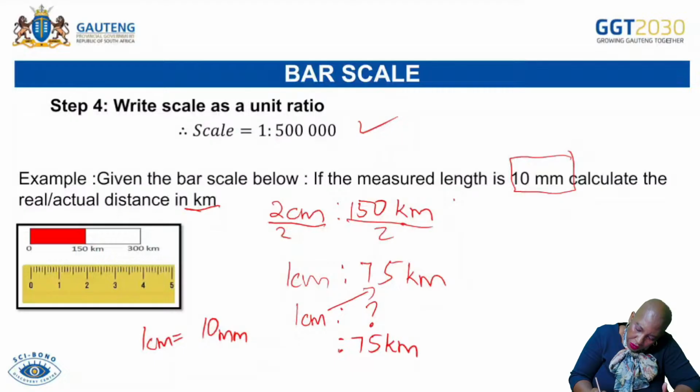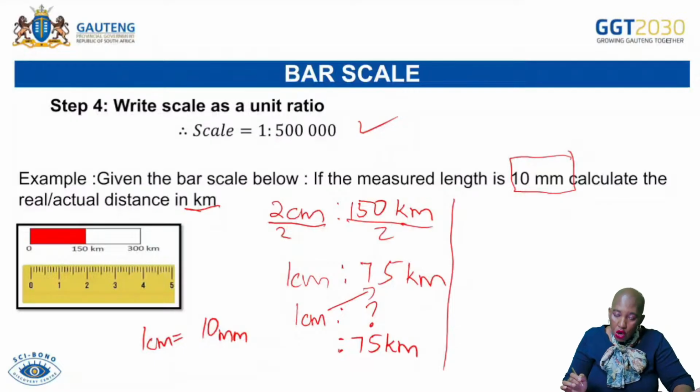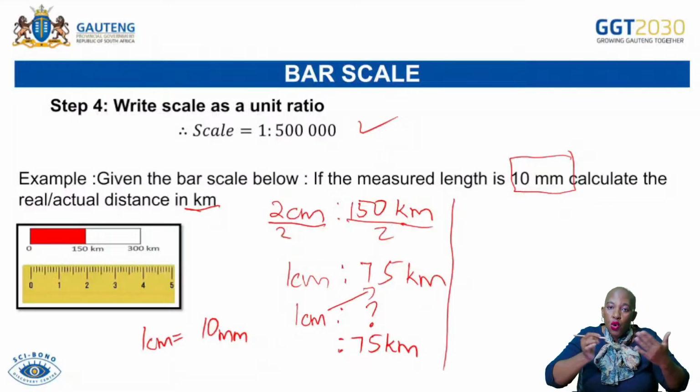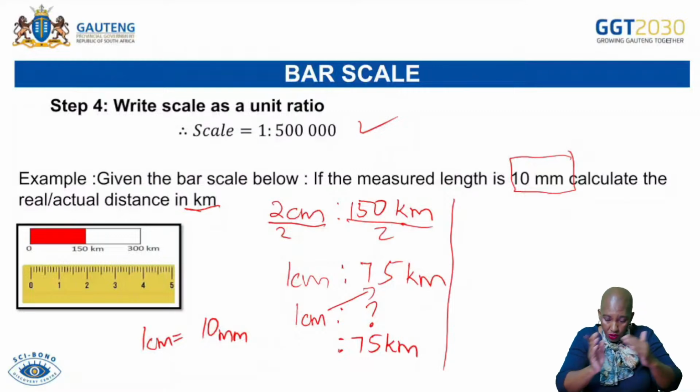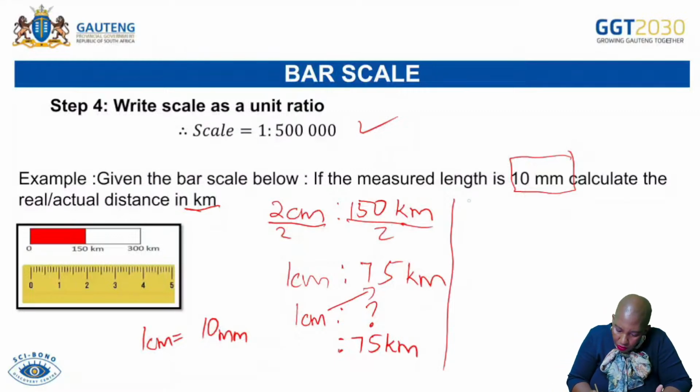But the other way of doing it, according to the step by step, is to convert the 150 kilometers into centimeters. And remember, we said from kilometers we multiply by what? By 100,000. So we say 2 centimeters here, it's fine.